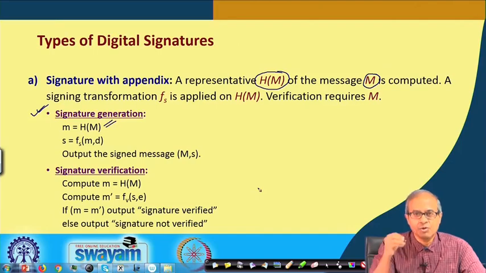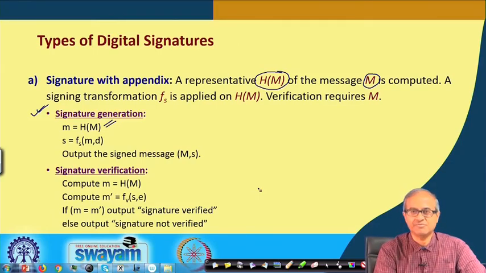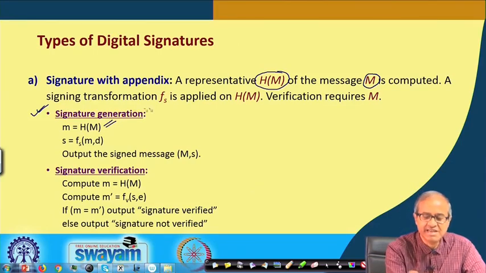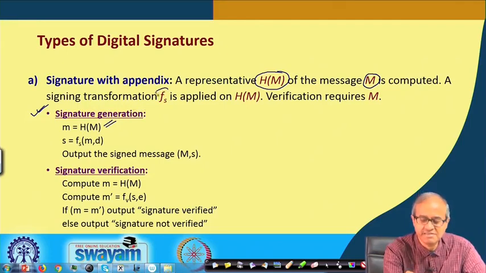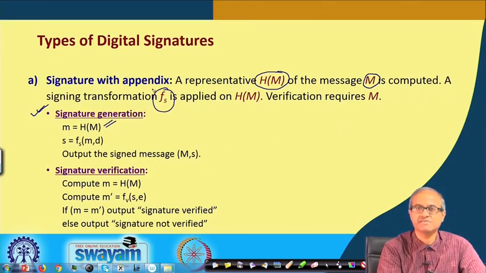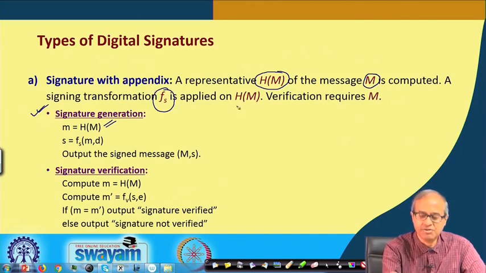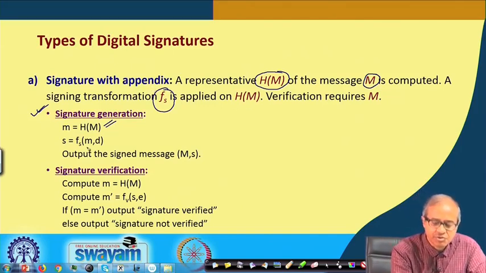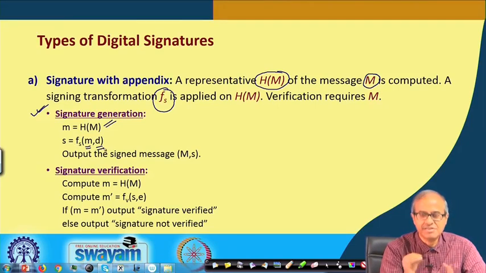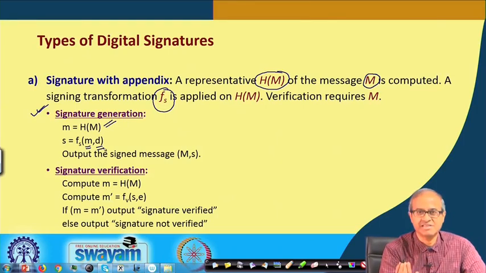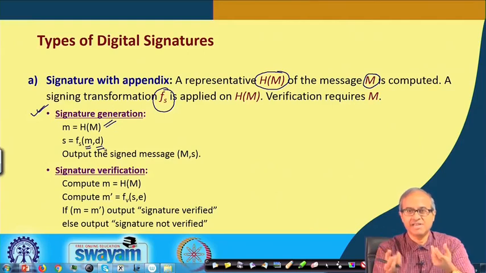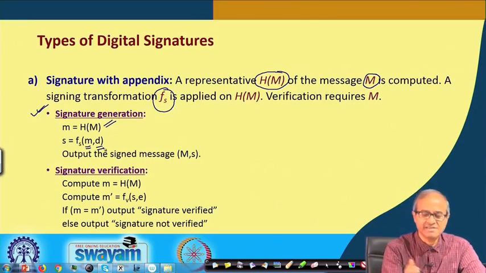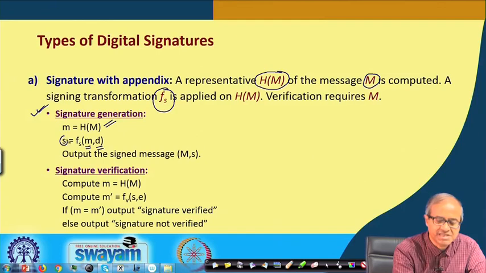Then we sign on that hash value. A signing transformation Fs is applied on this small m. So, on this small m, I do my signature using my private key. It is like an encryption process using RSA. Let us say I am using RSA. I have data, I have my private key, and I am doing an encryption. That is the signature I am generating, that is my signature S.